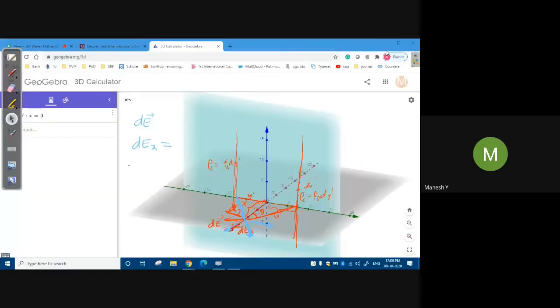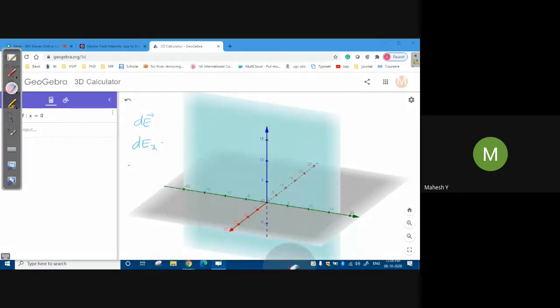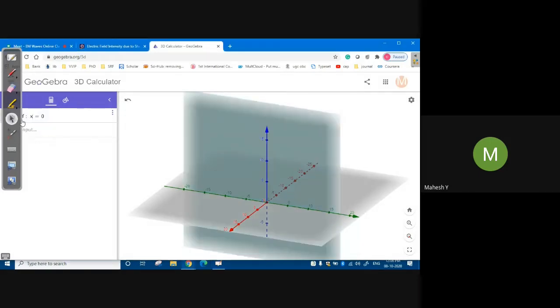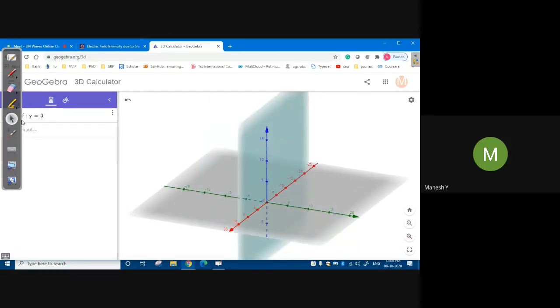What if we have to take the sheet in the other plane? For example, here instead of x is equal to 0, if I take y equal to 0, so my sheet of charge comes along the x axis. So where I have to take a point?